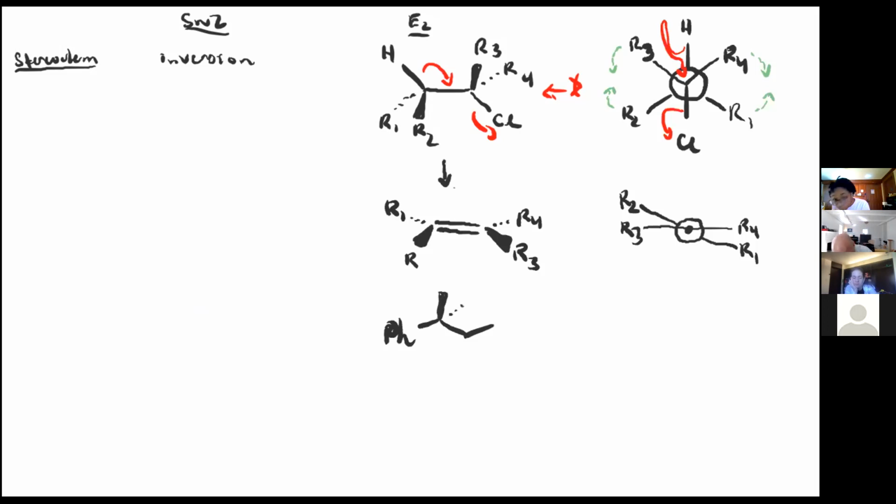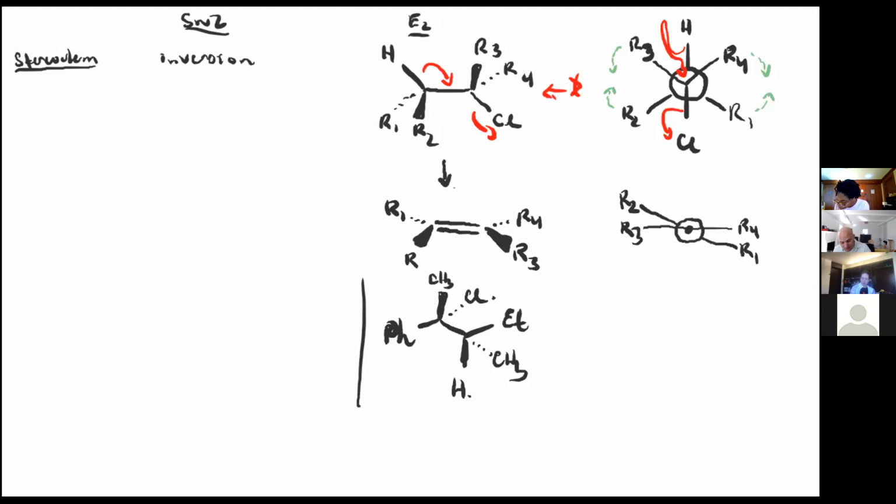If I had something like this, call this a methyl, and call this a hydrogen, let's call this a methyl, and we'll call this an ethyl. Not very creative on my part, but if I had that substrate, and we said, okay, what's the alkene geometry? The alkene geometry is going to matter, there's going to be one that you need to worry about, right? And so how do you get there? How do you think about that?